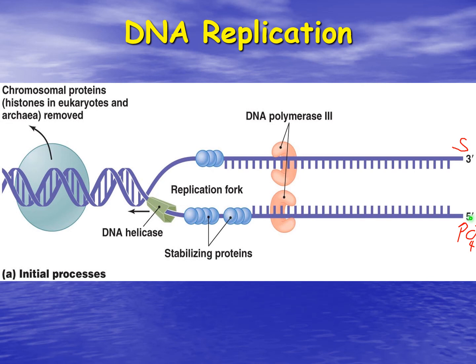So what I have to do is come over here to this end where it's a 3' end and start going in this direction, away from the replication fork. But because I have to start with an RNA primer, I will butt up against an RNA primer out here, and so this would be the lagging strand that's made discontinuously in Okazaki fragments.